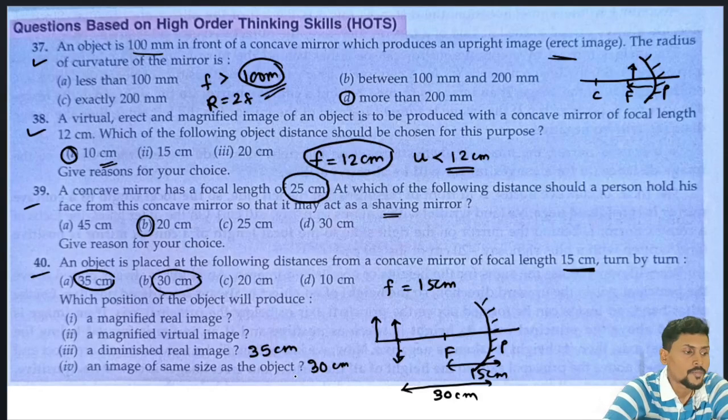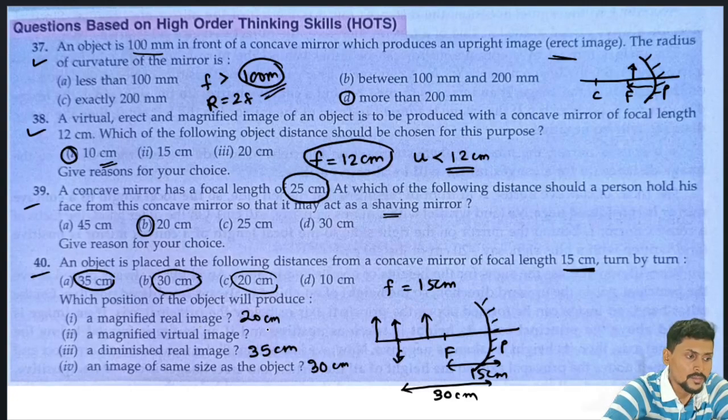Next, 20 centimeter. P to F is 15 centimeter and P to C is 30 centimeter. So when the object lies at 20 centimeter, it is in between focus and center of curvature. When the object lies between F and C, the image will be formed beyond C, and it will be real, inverted and magnified. So we get a magnified real image if the object is at 20 cm.